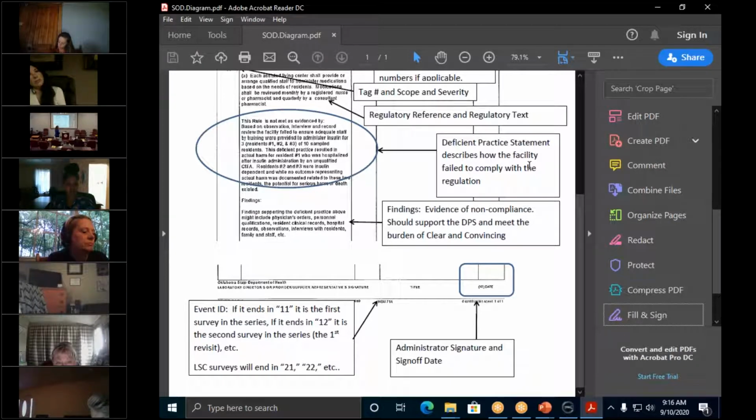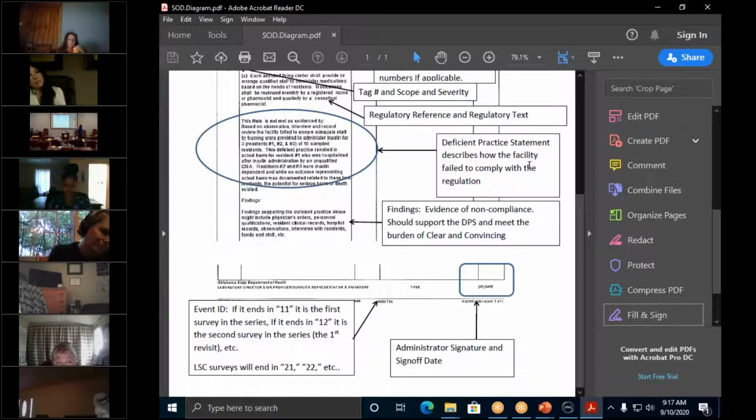There's a couple I can think of off the top of my head. He's like, hey, Lisa, and just his name. I'm like, okay, I know who you are, but if it was a POC and he didn't sign the bottom of it, which has happened with this gentleman multiple times, then I have to send it back and say, hey, you've got to sign it. So the administrator needs to sign it, we need a signature on the bottom.